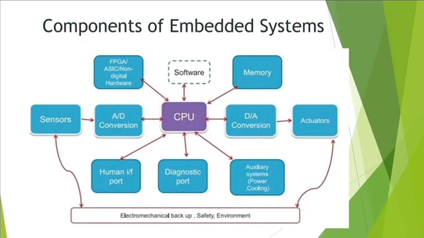It goes to A to D converter, that is analog to digital converter. Then CPU, it is a microprocessor that processes the data. And further D to A converter, that converts digital to analog, and finally actuator. Actuator gives the output through LED, buzzer, LCD.